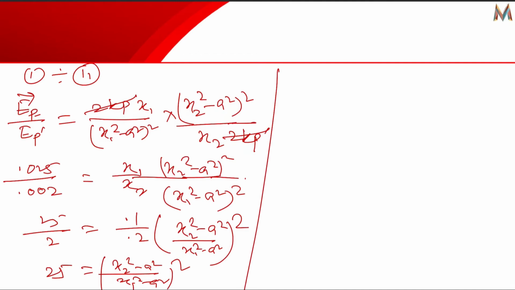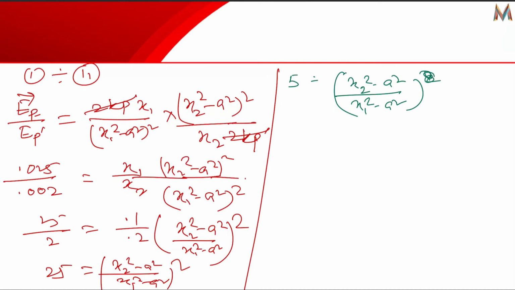Now if you take the square root, then this will become 5 equals to (x2 square minus a square) by (x1 square minus a square). Oh sorry, not whole square, because we have taken the square root on both sides.